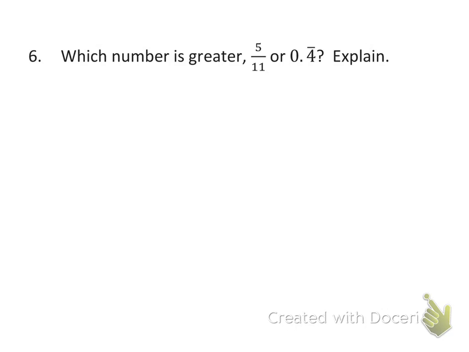So I've got to do some work on the fraction 5/11ths in order to compare it to 0.4 repeating. So let's do that. I'm going to take 5/11ths and do some long division. 5 divided by 11.